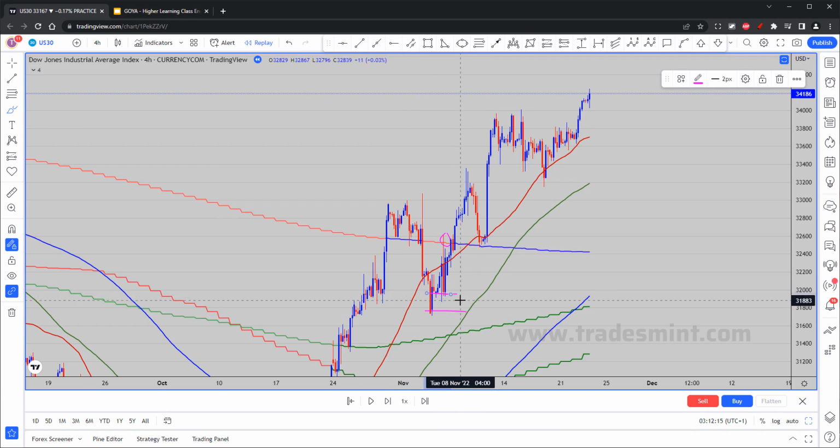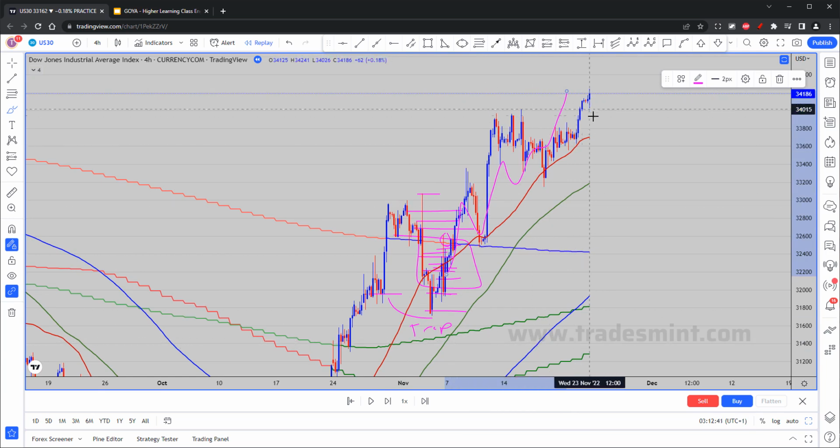And in my opinion, in my vision, in my experience, the fact that there was a low here and we made a lower low was a trap, a bait, made on purpose, just to make traders try to short in this zone here, and they would all put their stop loss above, and it would create the liquidity for the big institutions to push the price higher.